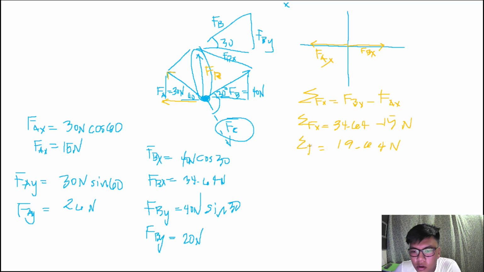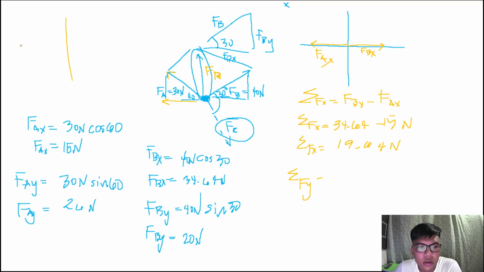Okay, so that is your summation of F of X. And we have summation of F of Y. So obviously, mapupunta sa kanan yung ating sagot, kasi positive yung X natin.